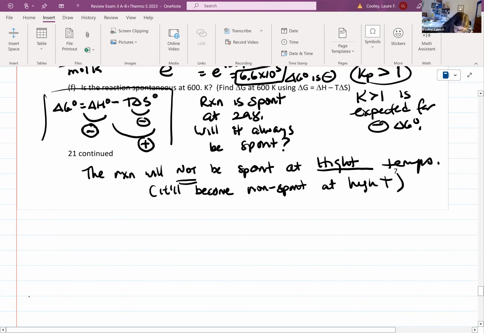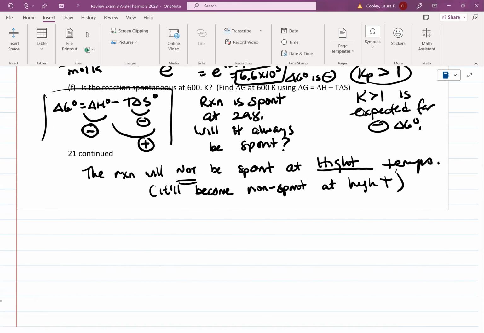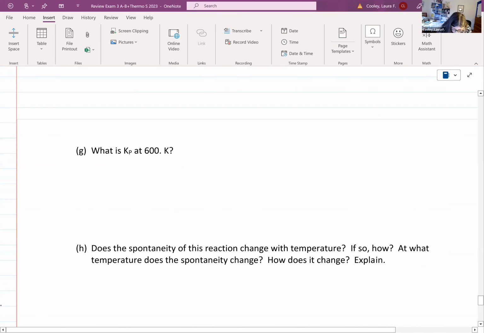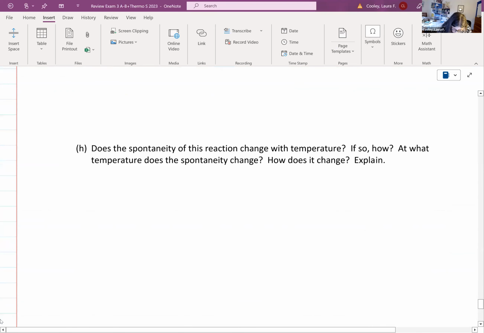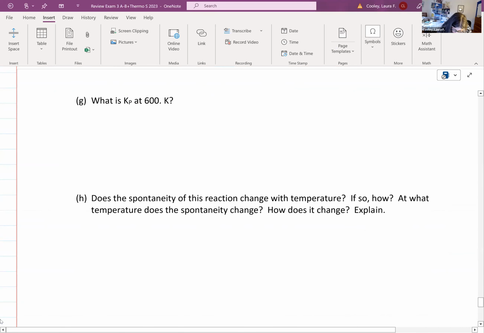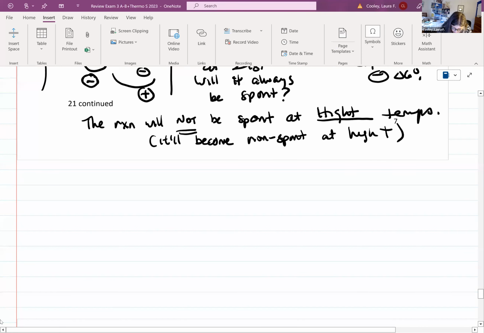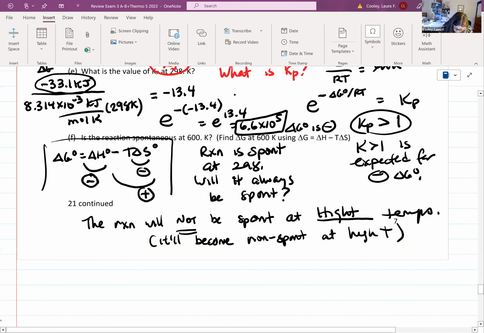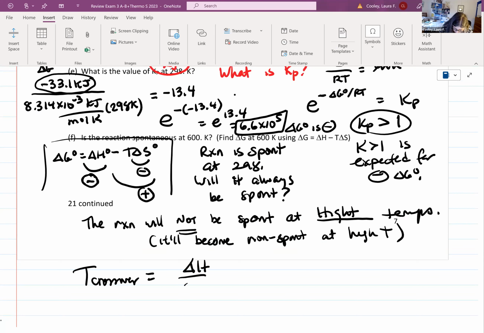And so I think I probably asked you what the crossover temperature is. Well, let's figure it out. The crossover temperature is the delta H over the delta S. So minus 91.8 over minus 0.197.